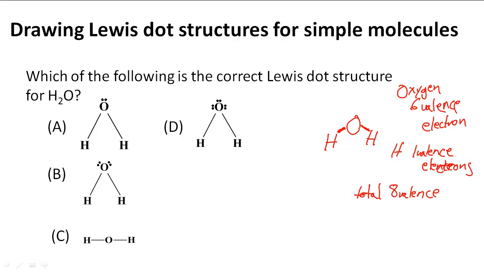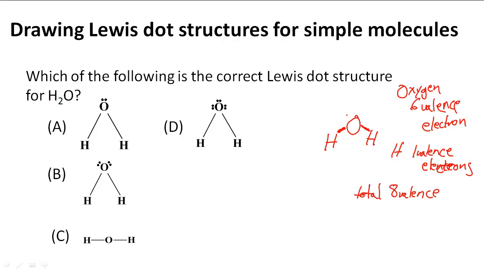So what we can see here is we already have 2 bonds, H and O. When we see this line connecting them, we should assume that they are sharing electrons, or an electron has been transferred. That's why they're connected. So we should count each line as 2: 1, 2, 3, 4. So we have 4 valence electrons in the bonds here, this bond and this bond, but we know that there are 4 more.